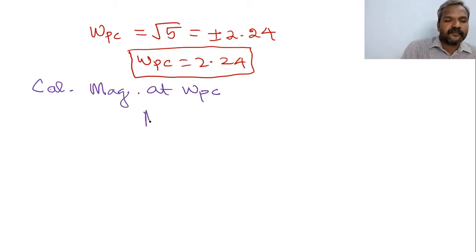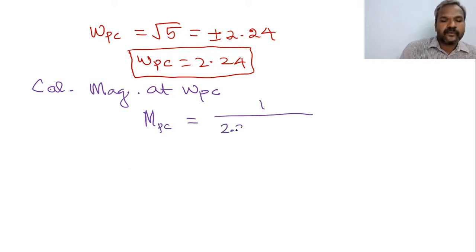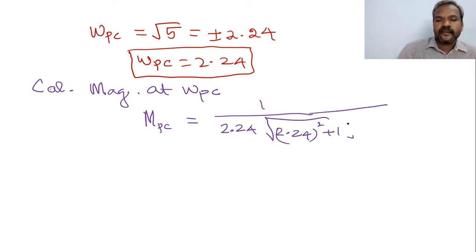It equals 1 divided by 2.24 times the square root of 2.24 whole square plus 1, then times the square root of 2.24 whole square plus 25.